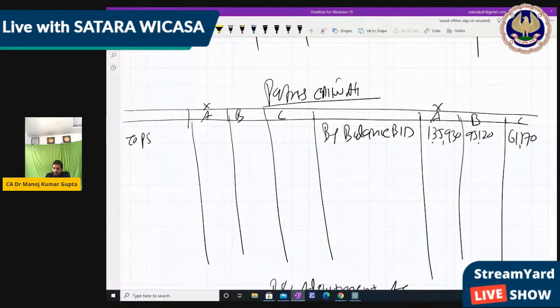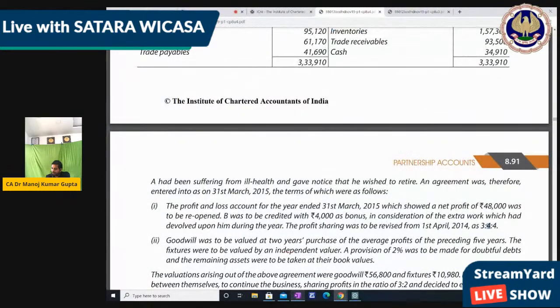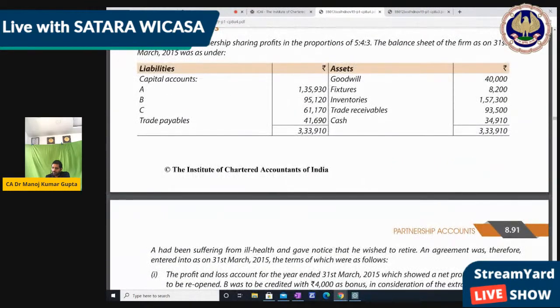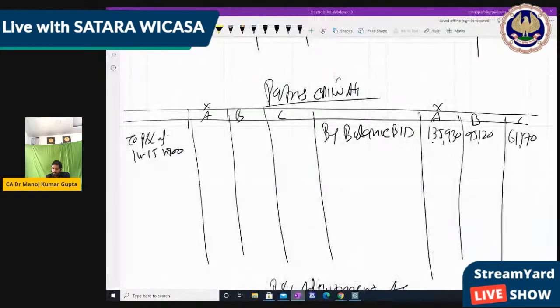To profit and loss of 14-15, 48,000 in the old PSR, that is 543. So in 543 it should be reversed.